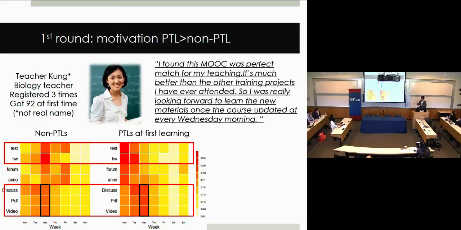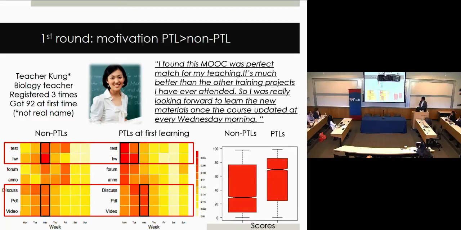We see that PTLs do homework 2 days before non-PTLs. So they show stronger motivation, and they show some self-regulated learning skills. They can arrange their learning and homework. And because of that, PTLs have significantly higher scores than non-PTLs.